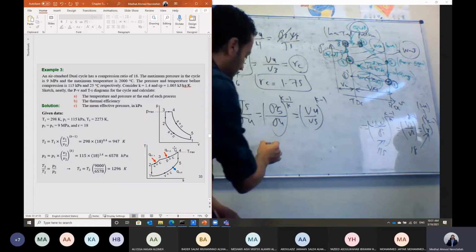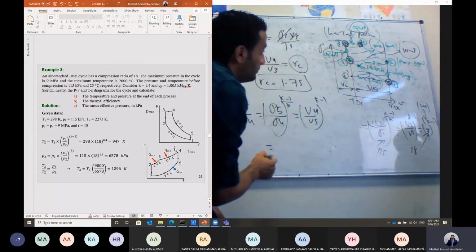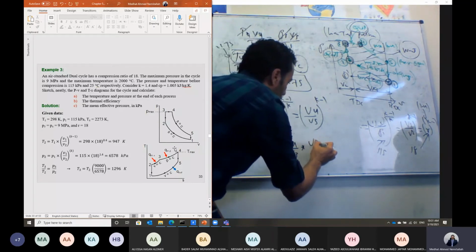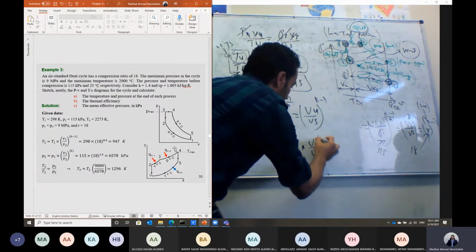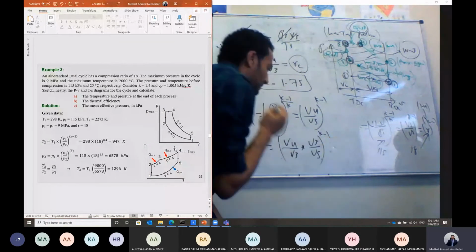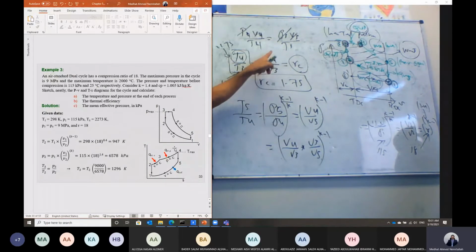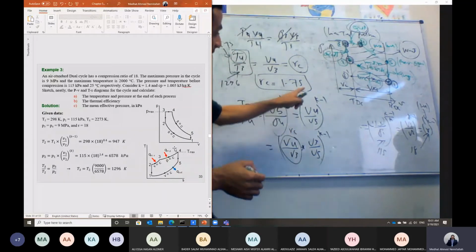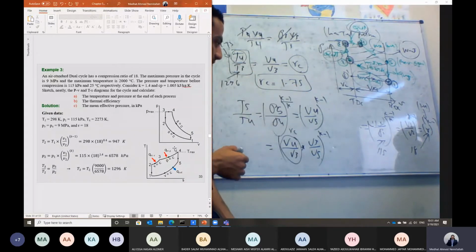By V4 over V5, we can just replace it by V4 over V3 multiplied by V3 over V5, to the power K minus 1. V4 over V3, which is RC, which we have calculated, equal to 1.75.